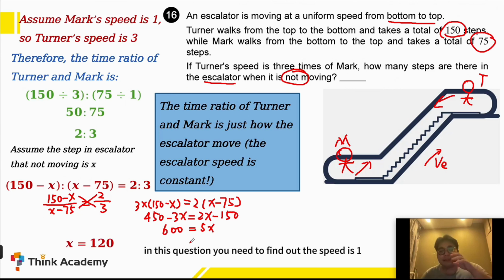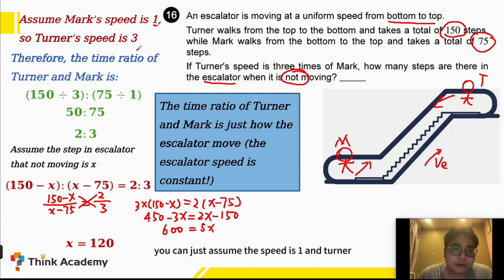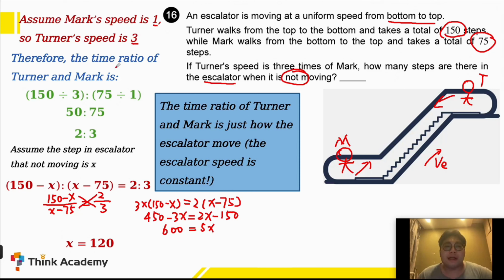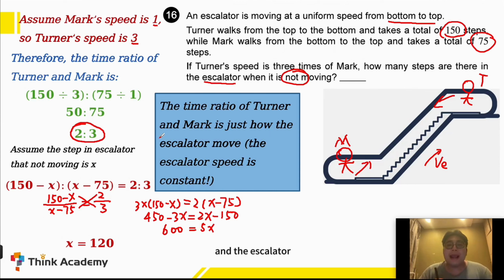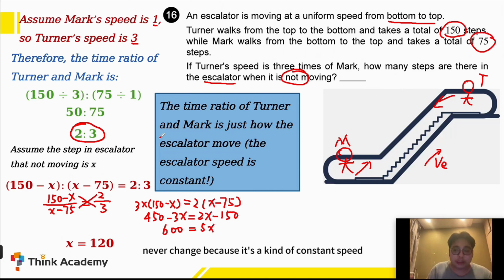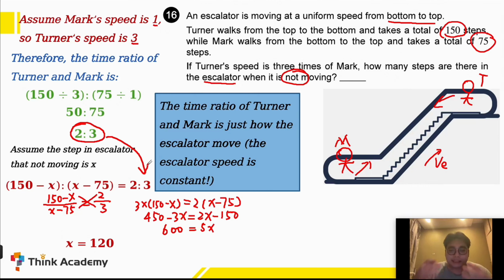Okay, you see, in this question you need to find the speed. You can just assume Mark's speed is 1 and Turner's speed is 3, and after that use it to find the time ratio. Time equals distance divided by speed. So the ratio of time is 2 to 3. And remember, the escalator speed never changes because it's a constant speed. So in this ratio, we can write down the escalator distance ratio. Actually, it's still 2 to 3.